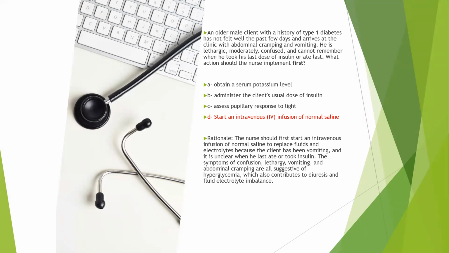The symptoms of confusion, lethargy, vomiting, and abdominal cramping are all suggestive of hyperglycemia, which also contributes to diuresis and, remember, fluid and electrolyte imbalance. A very key component of diabetes is to understand the signs and symptoms of hyperglycemia. Don't just focus on hypo. You have to understand the classical findings of what makes diabetes diabetes.